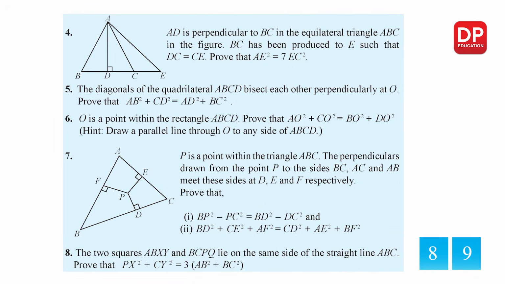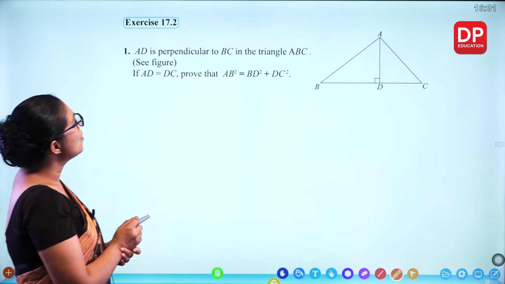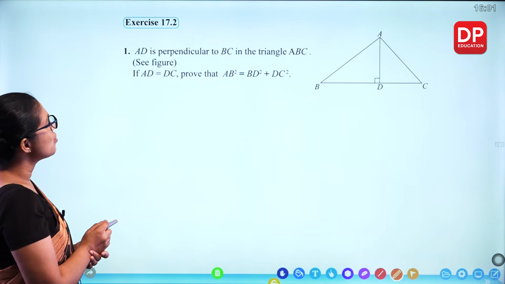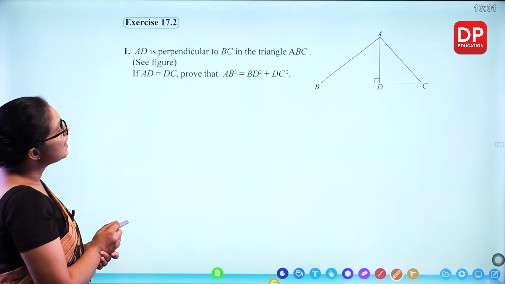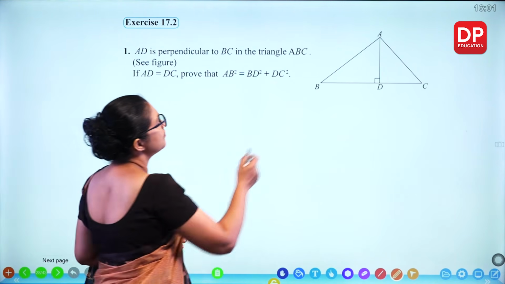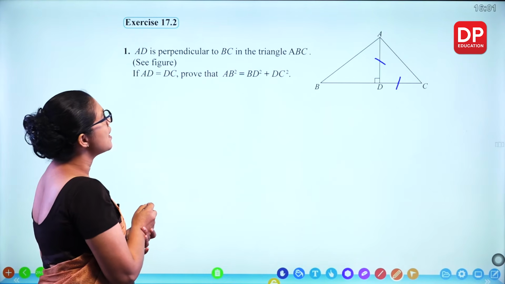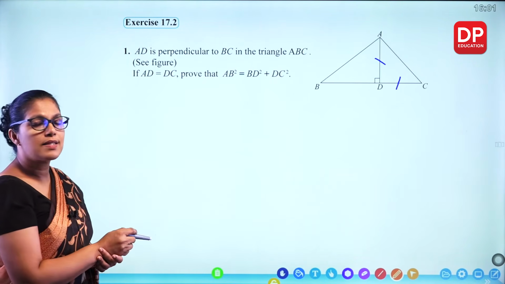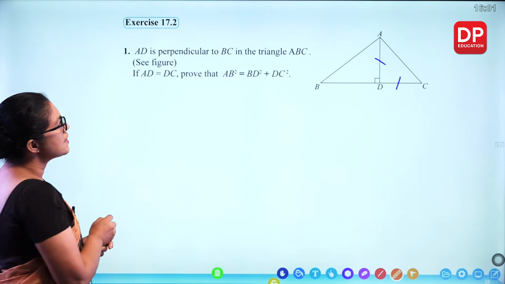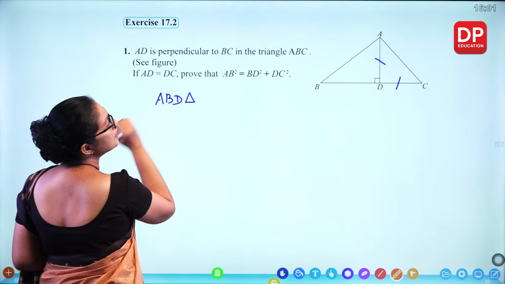Exercise 17.2. AD is perpendicular to BC. In the triangle ABC, see figure, if AD equals DC, this length is equal to this length, prove that AB squared is equal to BD squared plus DC squared. So we'll first take triangle ABD.